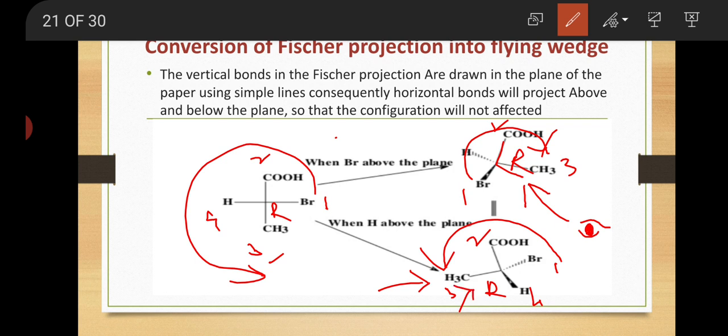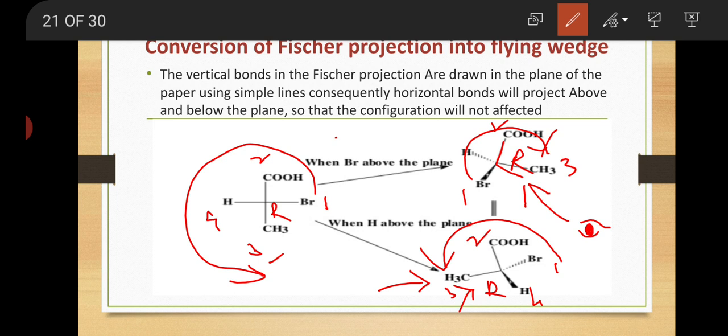This is the correct configuration, that is, the configuration of the molecule is not affected. R configuration in Fisher projection formula is retained in wedge formula. Therefore, in the conversion of Fisher into flying wedge, the configuration is not affected.